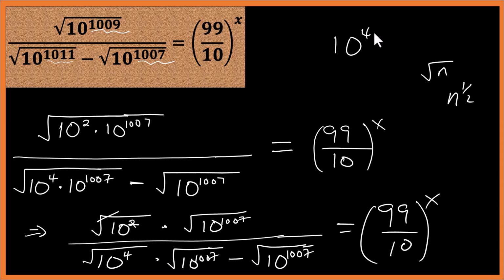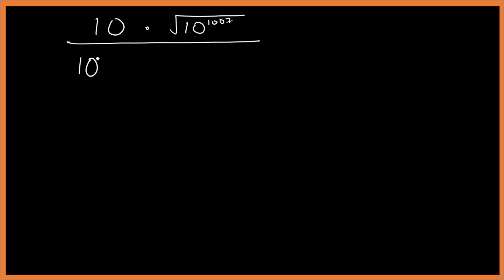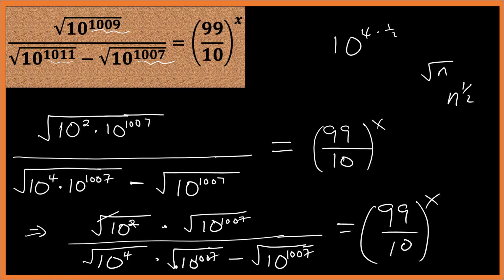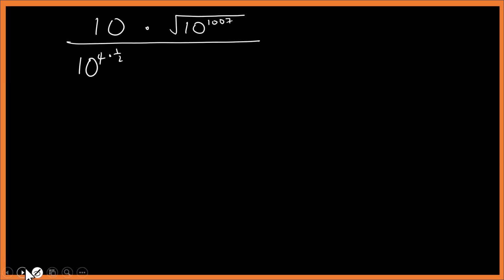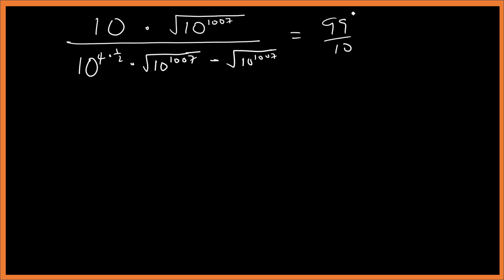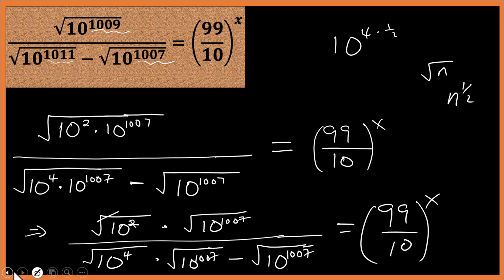So this side will be 10 raised to 4 on 2, so 10 to the power 4 times half, times square root of 10 raised to 1007, minus square root of 10 raised to 1007, equals 99 on 10 raised to x. Let's confirm.